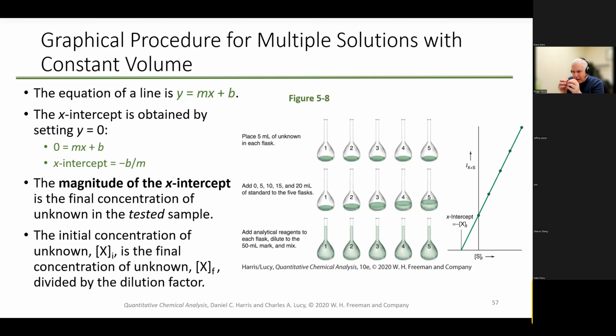And they separate in a stream of flowing mobile phase, and by the time they reach the detector, they are all in the same matrix. Does that make sense?